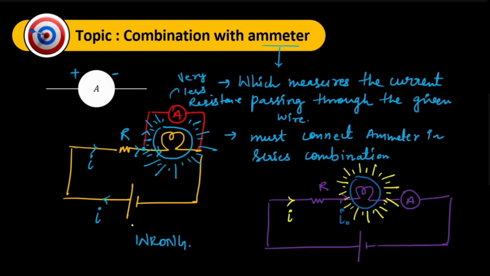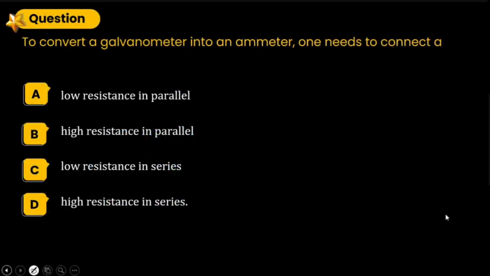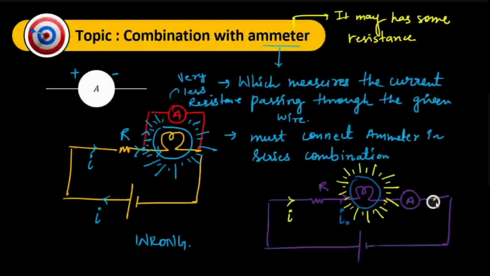Again, through a problem. So remember it. It is an ammeter. It may contain some resistance. And if there is a resistance in the ammeter, we must consider that resistance in series with it. It might be represented by a smaller r.